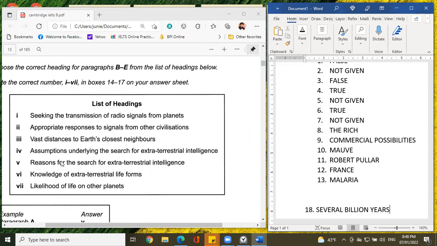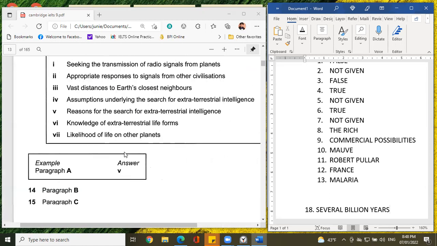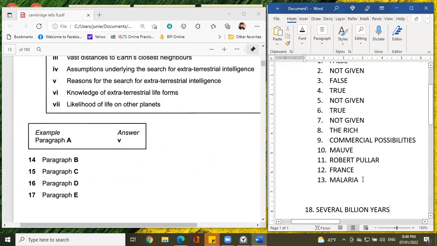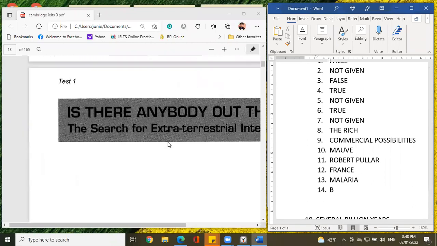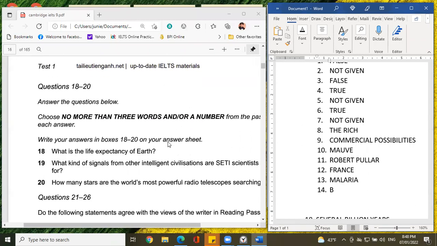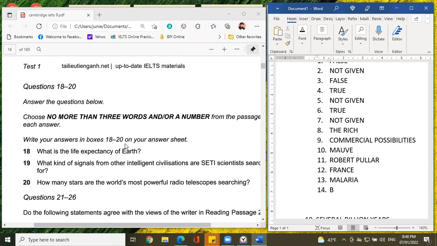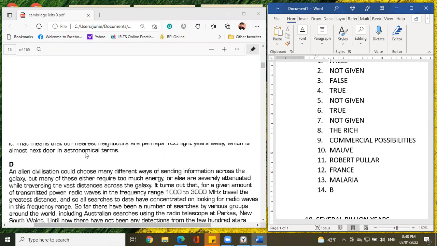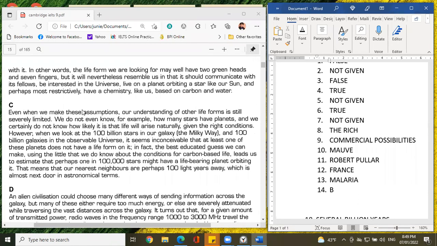Yung 5 given, knowledge of extraterrestrial life forms, no. Likelihood. Assumptions yun. So, 14 is B. Okay. Tapos, balik tayo dun sa ano. Iwan muna natin yan, guys. Ang dali lang, no? Panis. The signals, radio signals ba yun? Ayun.